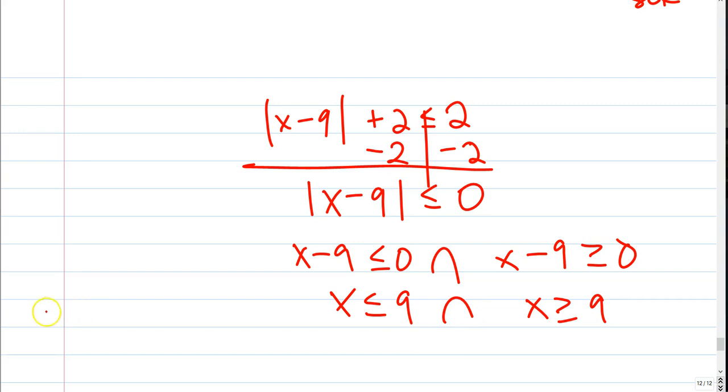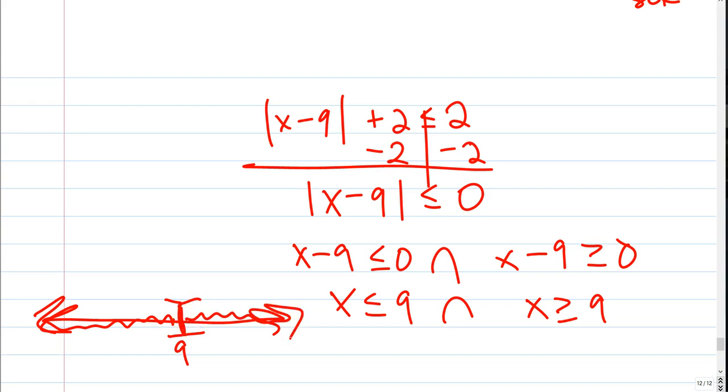So I'm looking for a number that is less than or equal to 9, and greater than or equal to 9. This is the one where it's an and, so the only overlap is the 9. So that is our solution. That's what I was thinking last time, sorry. So just x equals 9.